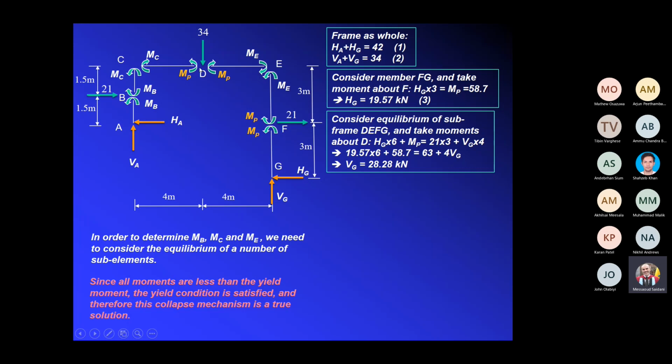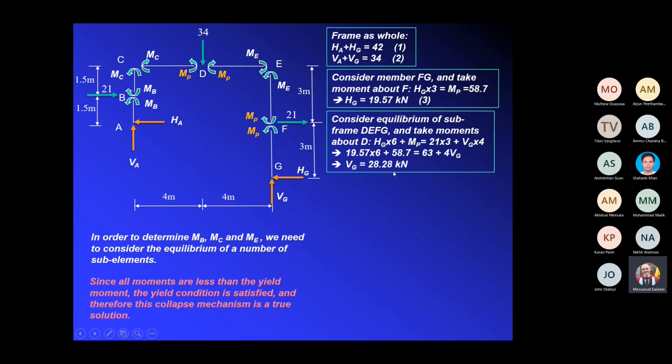So straight away when I take a cut at D, it will give me VG, 28.8. Okay, so now so far I've got HG and I've got VG. When you have HG, you can substitute it here, it will give you HA.